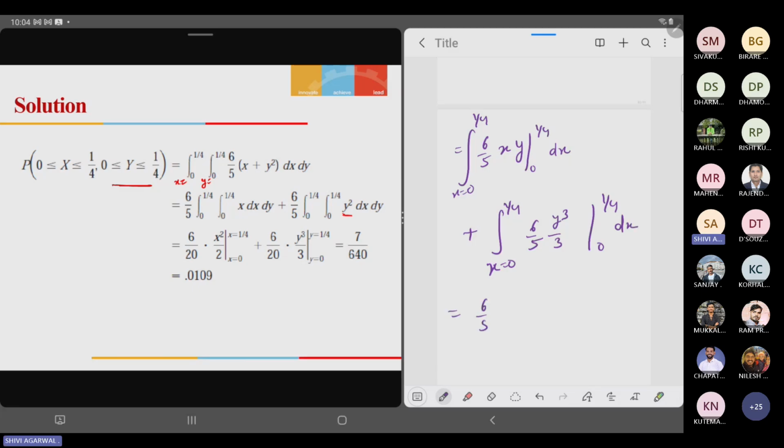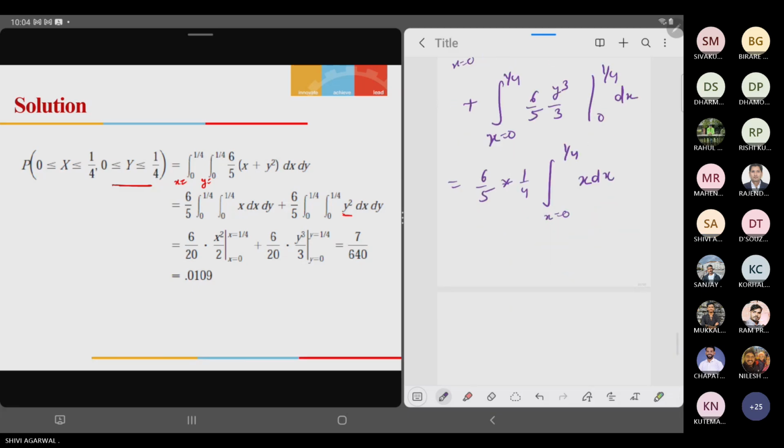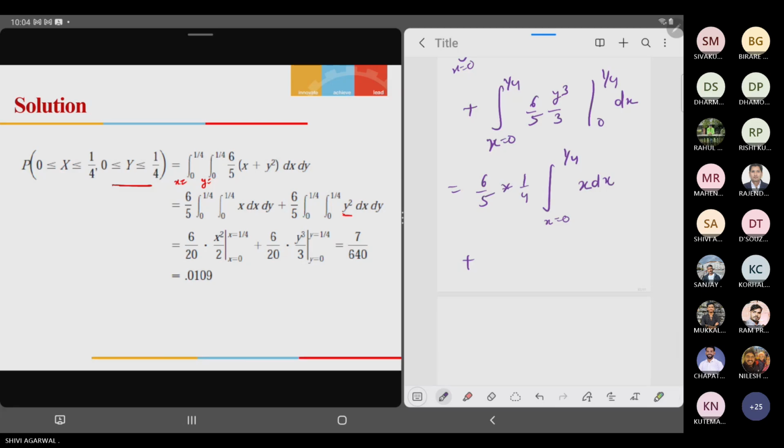So 6/5, y's limit is 1/4, multiplied by 1/4, integral of x from 0 to 1/4 of x dx, plus 6/5 times 1/3 times y cubed, which is 1/64, and here it becomes the integral of x from 0 to 1/4 of 1 dx. All things are constant, that we are taking outside.